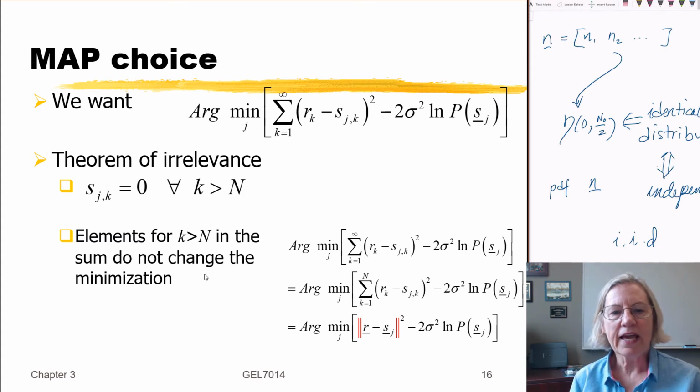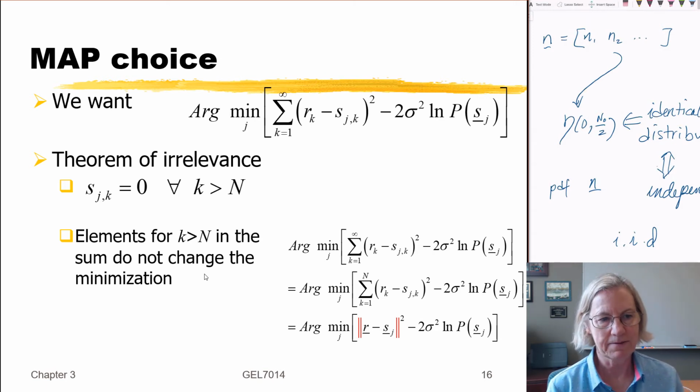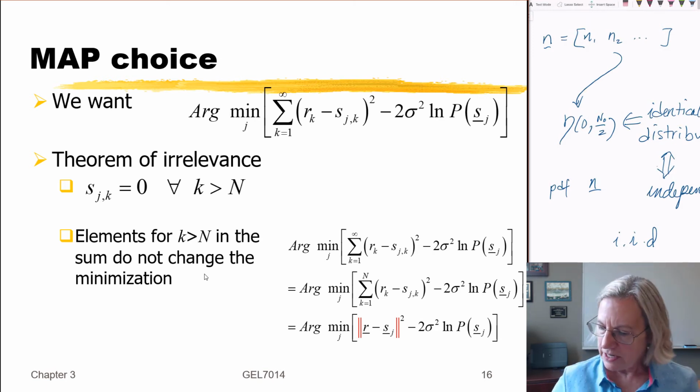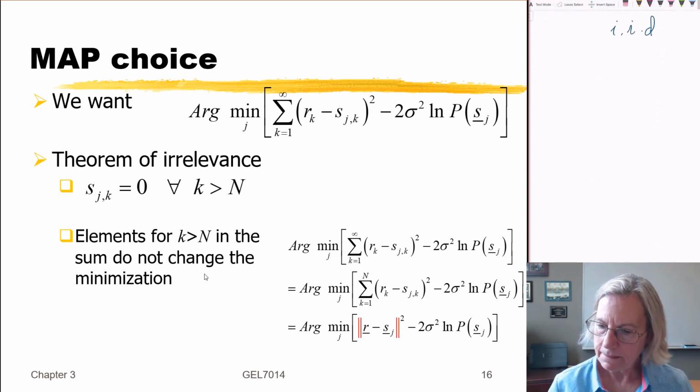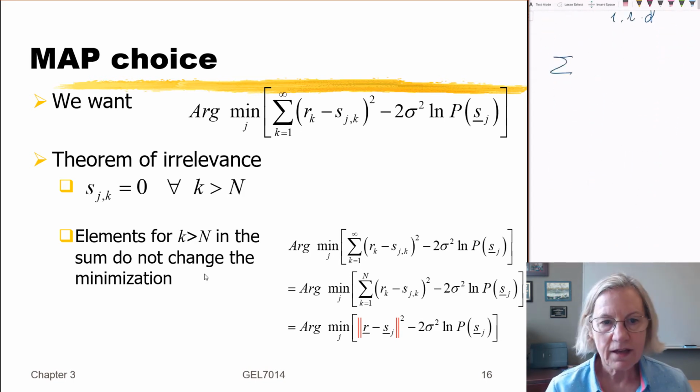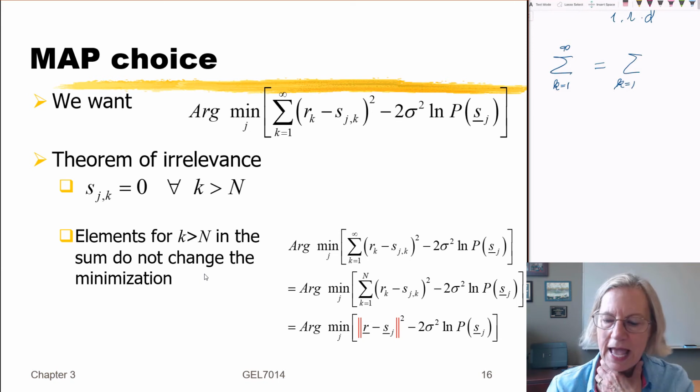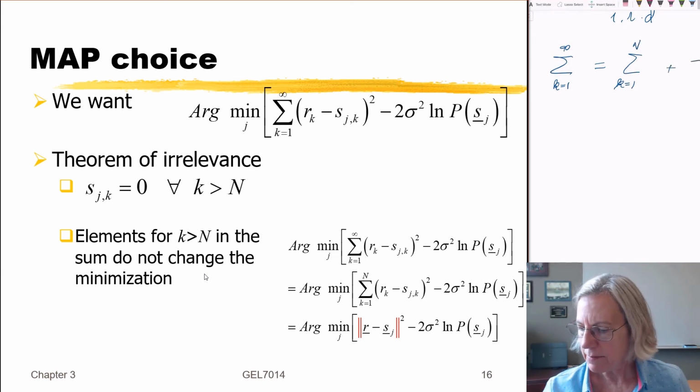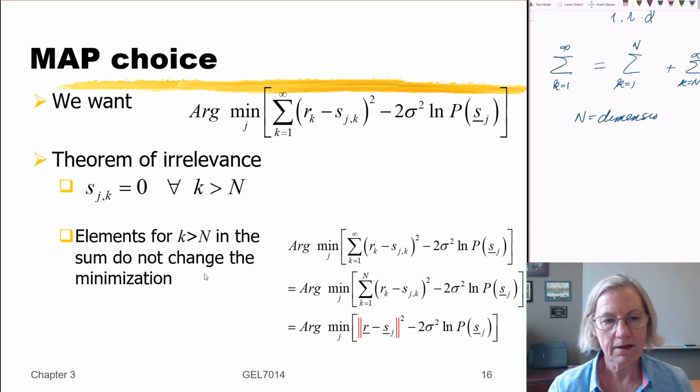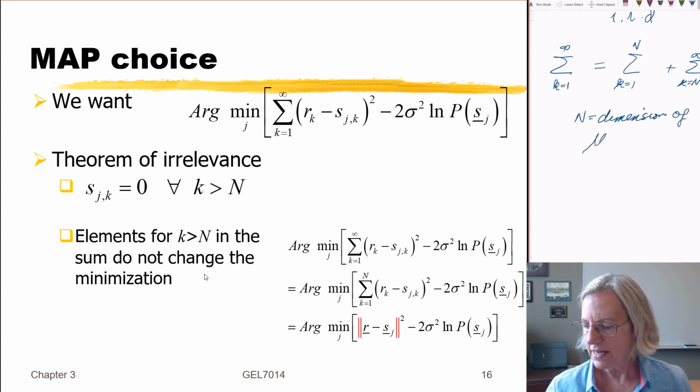So now we can look at this infinite summation and try to separate it into pieces. So imagine, let me go over here on the side, that I have this summation of k equaling 1 to infinity, and I break this up into a summation of k equaling 1 to n, plus a summation of k equaling n plus 1 to infinity. Now n here is the dimension of the signal space.